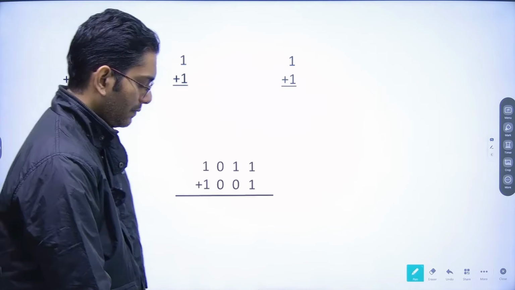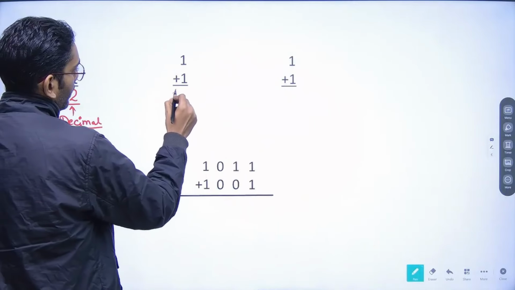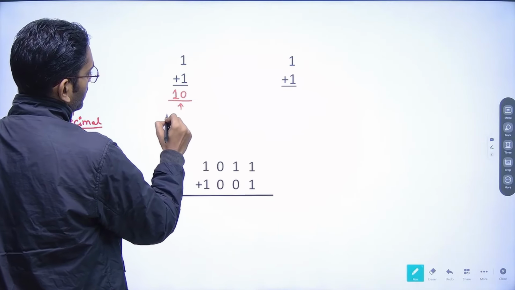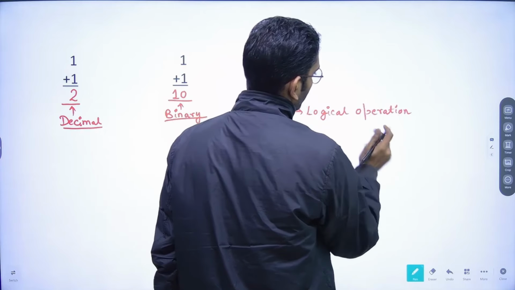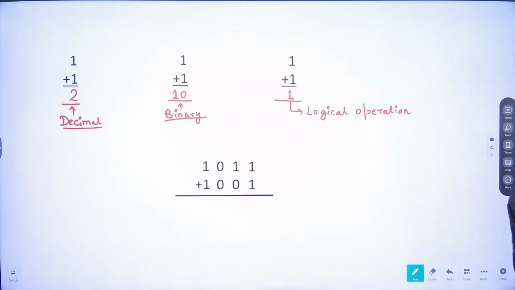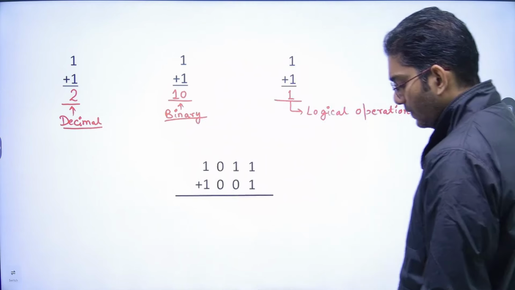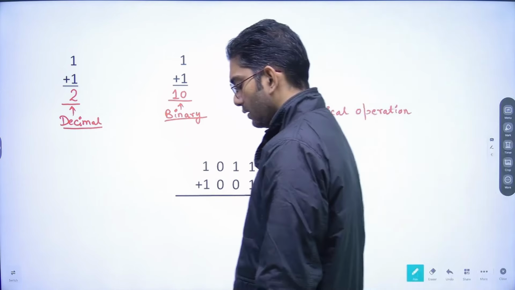Now if we are doing the binary operation, 1 plus 1 will give us 10. This is the binary case. In the next case, 1 plus 1 can give us 1, and this is in the case of the logical operation that we perform with the help of logic gates.